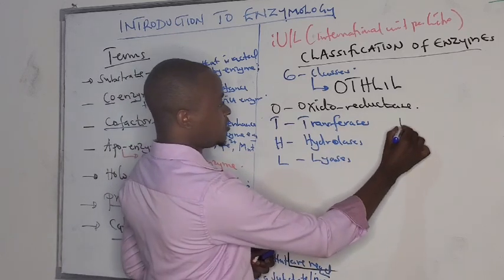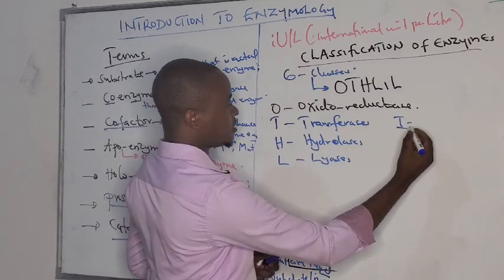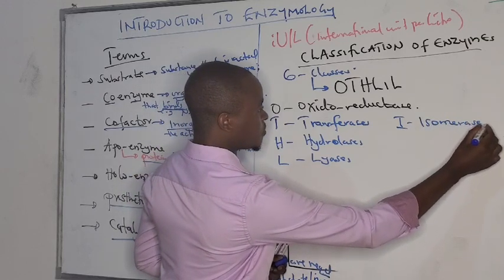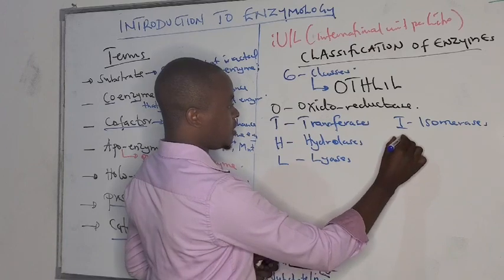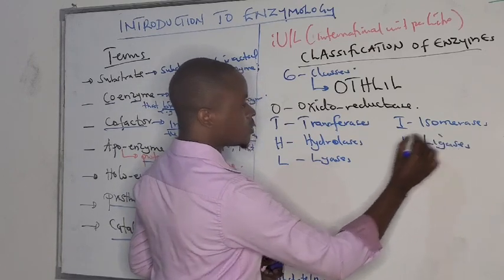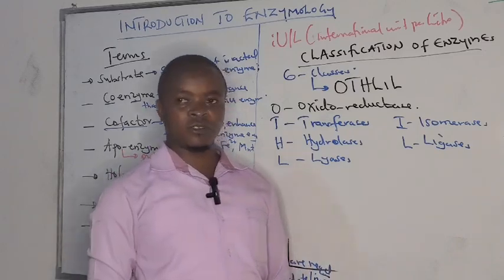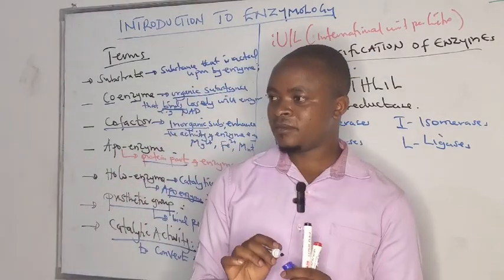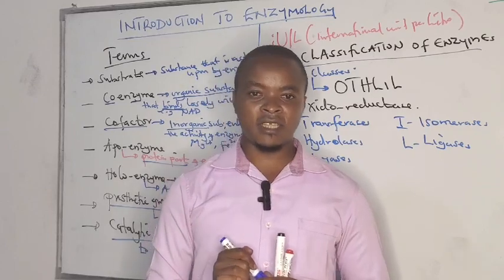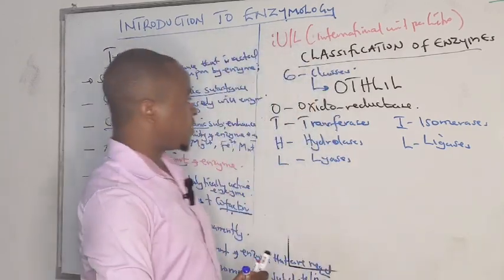And I stands for Isomerases. Then this L stands for Ligases. So this is the mnemonic we can always use, so that you can always remember all those 6 classes of enzymes.